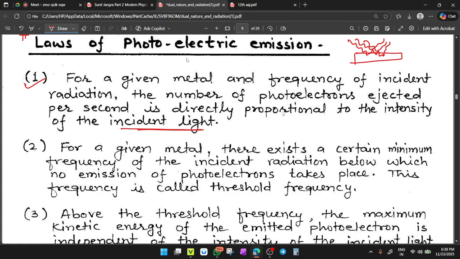So as you increase the intensity, the number of photoelectrons will increase, so the photocurrent will also increase.